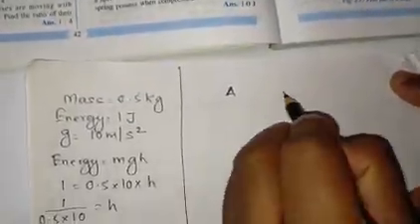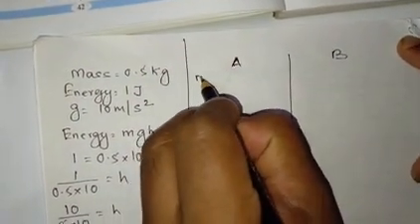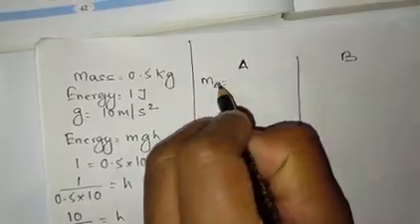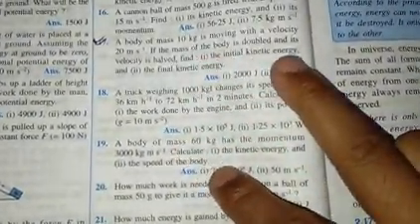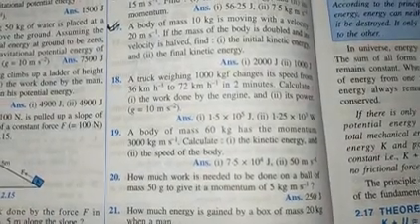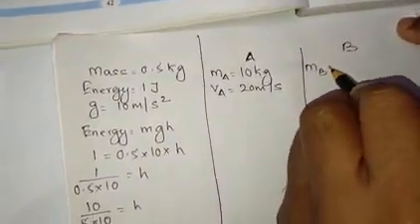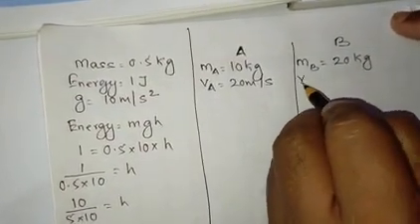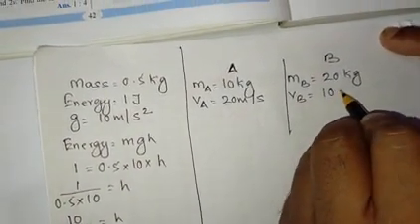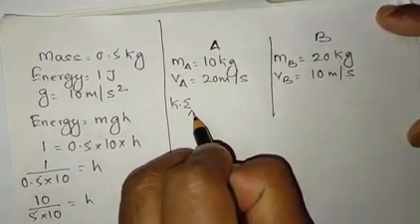So we do it in two parts, A and B. The mass of the body is 10 kg, moving with a velocity of 20 meter per second. Mass is doubled, means it will become 20 kg. Velocity is halved, means 10 meter per second. So I want to find the kinetic energy at A.